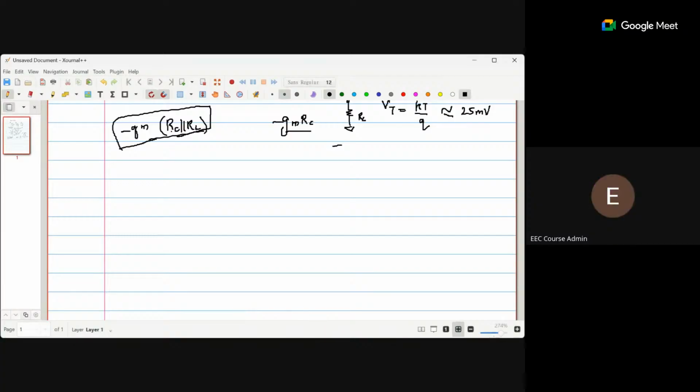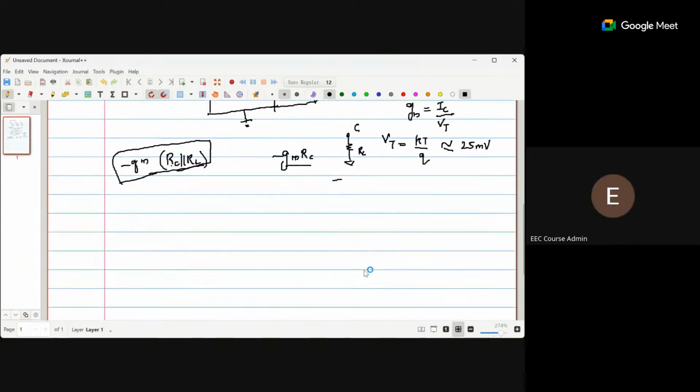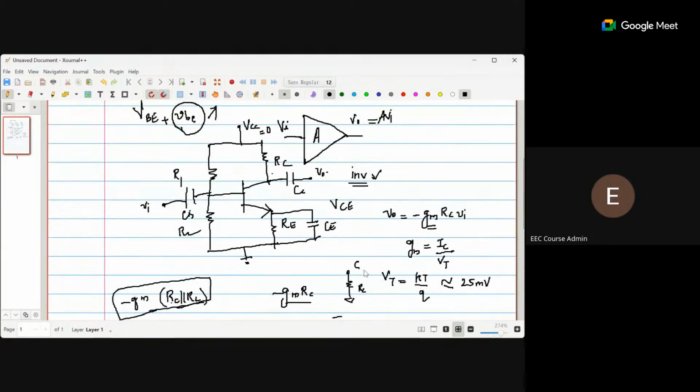See, actually, if you have a drop in this emitter resistance RE, the gain will decrease. Correct? AC gain. Okay. So we should make this RE, what to say, dummy.